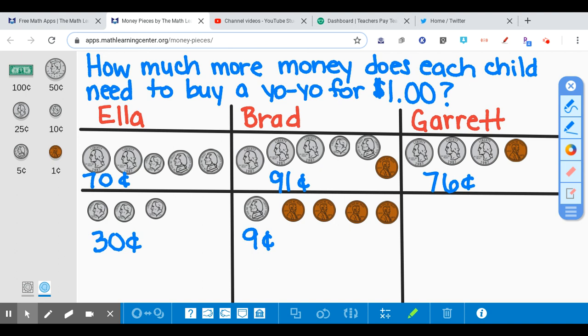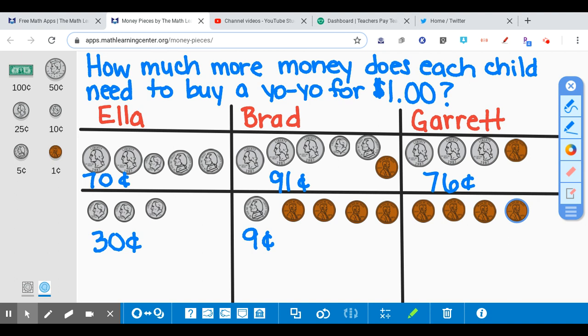And if I count on from 76 and I say 77, 78, 79, 80, that's 4 more. And I know the only way I can get 4 is using pennies. So if I start at 76 and I start adding pennies, 77, 78, 79, 80, I am at a number that I can work with more easily. So now I'm at 80 cents.